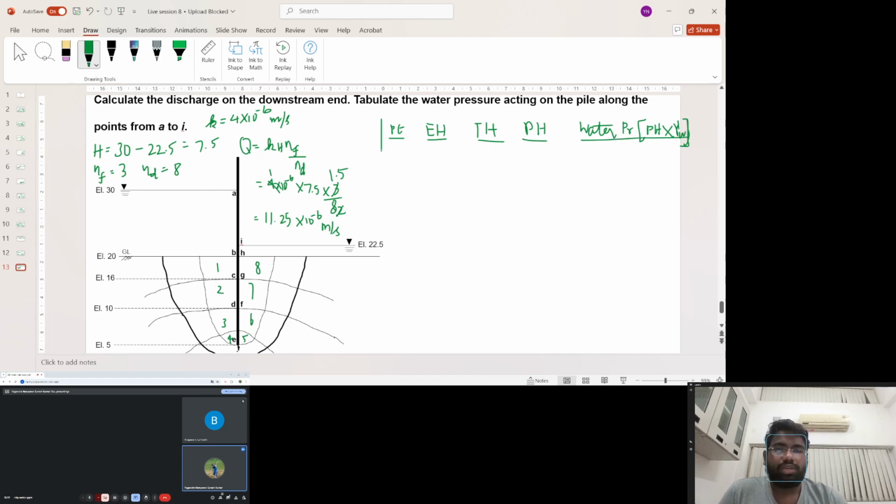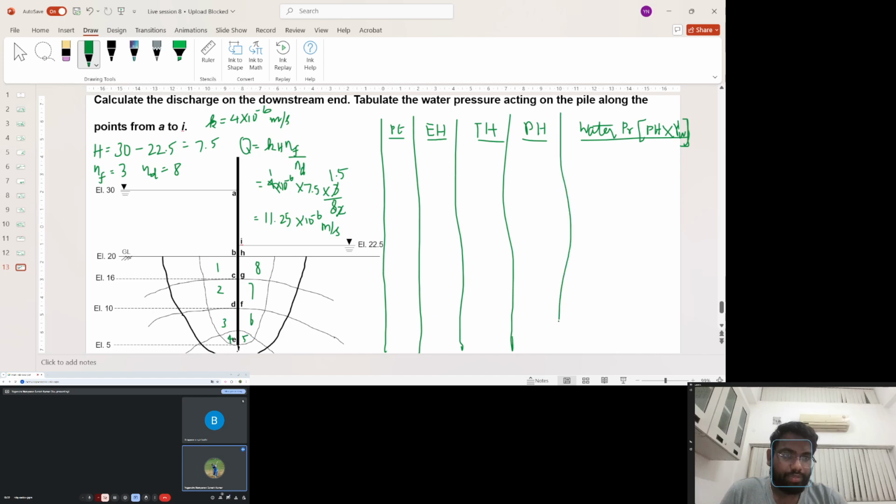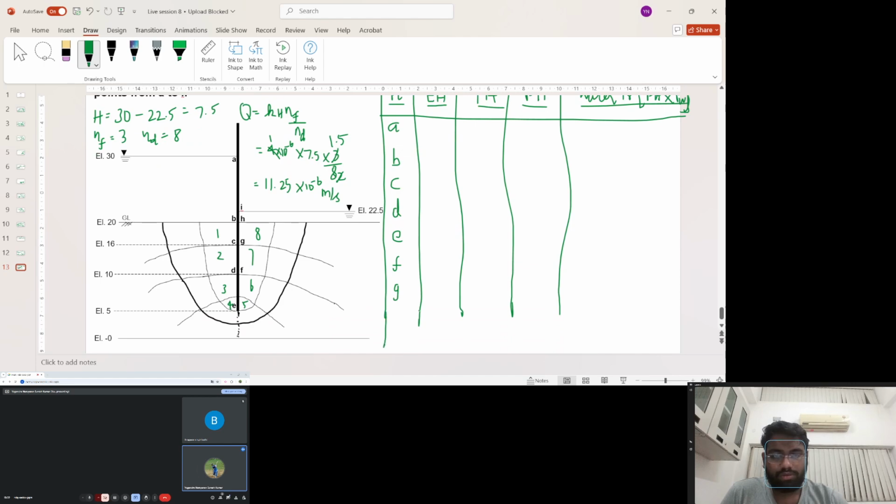Alright. So this is the table which we are going to fill. Now let us list down the points A, B, C, D, E, F, G, H, and I.